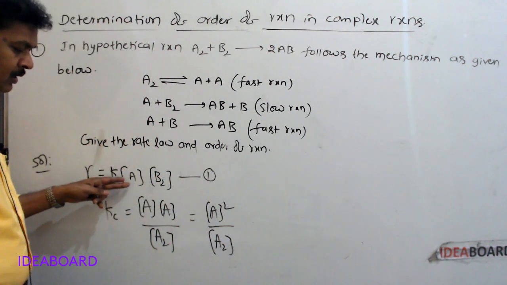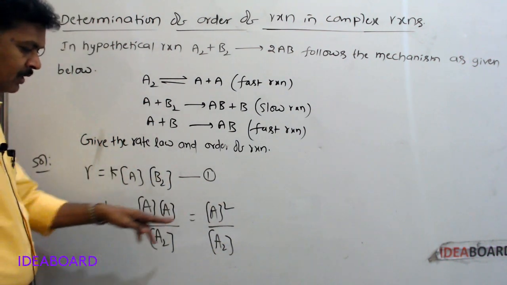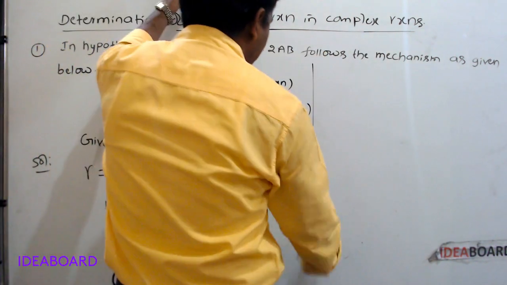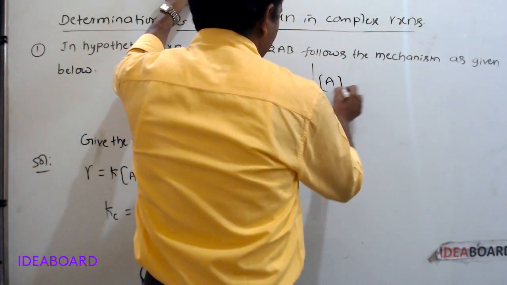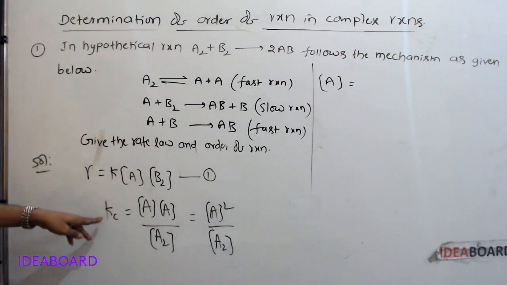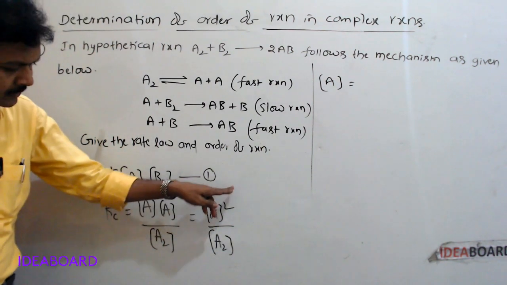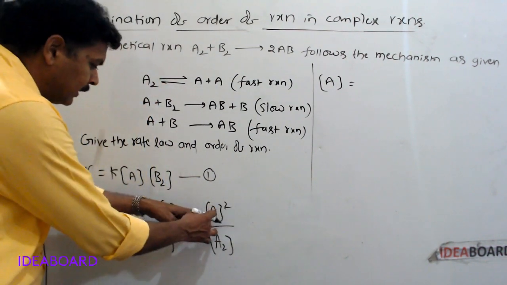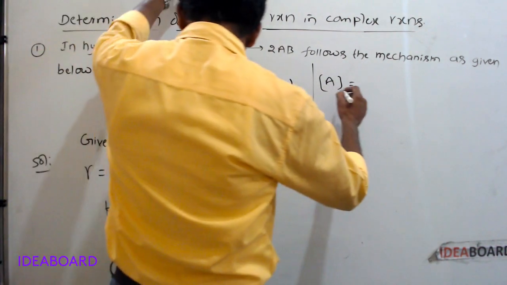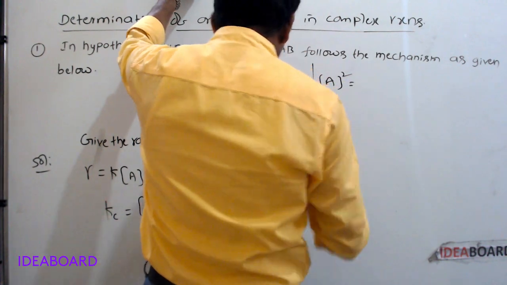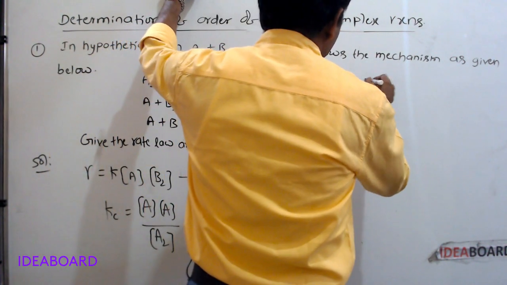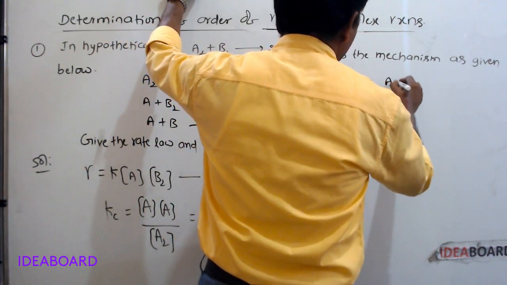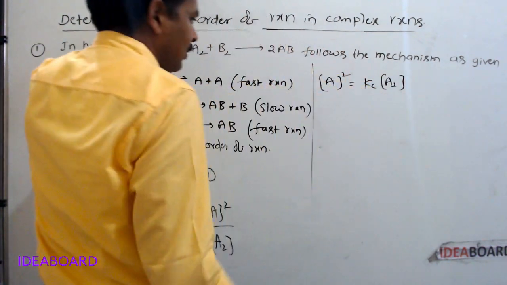From this I am writing [A] square is equal to Kc into [A2].